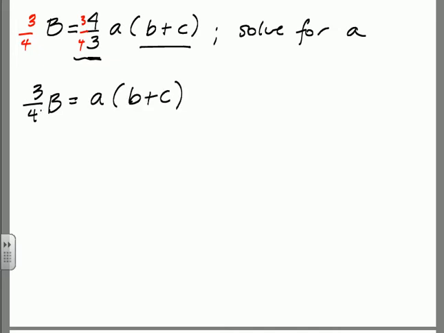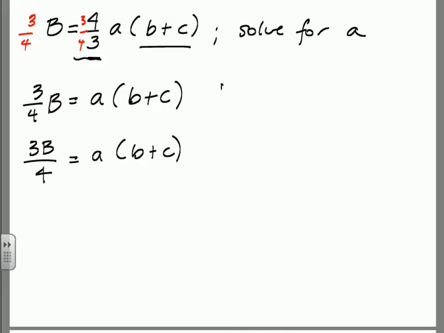Now, this is fine that we've written it like this, 3/4 b, but let's go ahead and call that 3b over 4 and put that all into one fraction because we're going to have to divide, and it's just a lot easier to be able to divide. Remember that in the last video I gave you that hint, when you divide, it just goes in the denominator. Okay, so where are we?